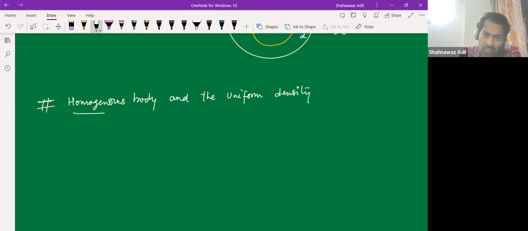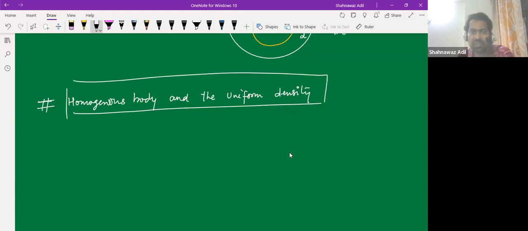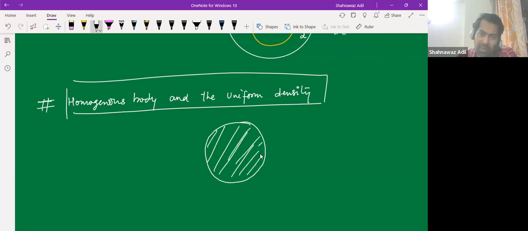Okay, so what is a homogeneous body and what is uniform? So let's say we have some sphere, and it is of uniform density, right? Uniform density and homogeneous body means that all the particles which are there.